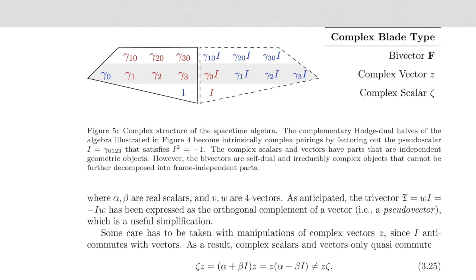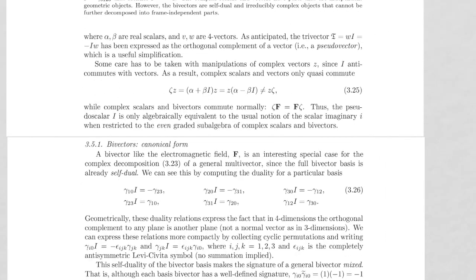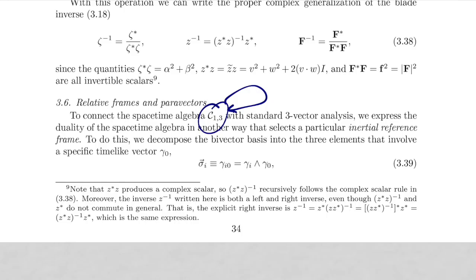So now we're going to learn about another duality, another way of dividing the space into two parts. That's the promise. And that promise is this new duality is going to select a particular inertial reference frame. So this duality is not just splitting, it's not coming totally for free.